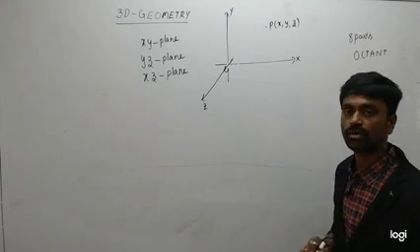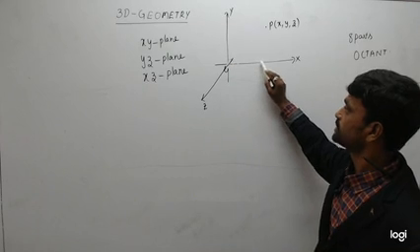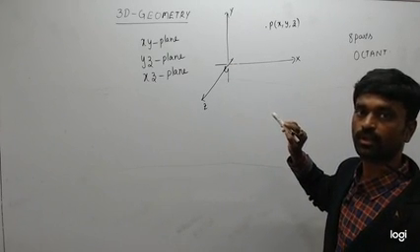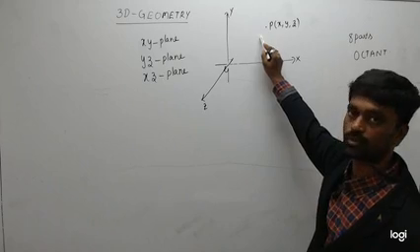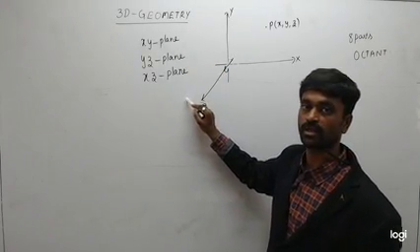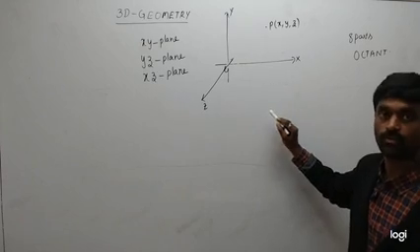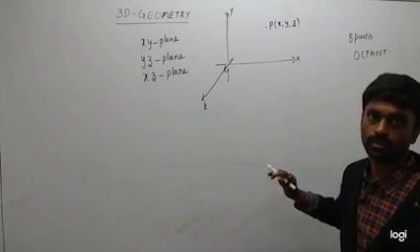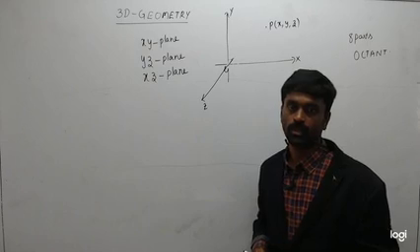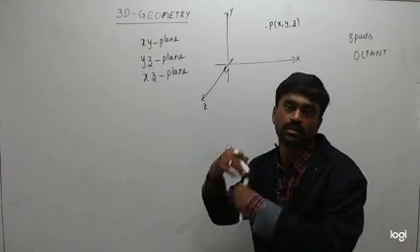Similarly, the fourth octant becomes what? X is positive, y negative, z positive. So in the first octant all are positive, in the second octant x is negative, in the third octant both x and y are negative, and in the fourth octant y is negative. In the same way, you can work out the remaining 4 octants. In the remaining 4 octants, z is negative.